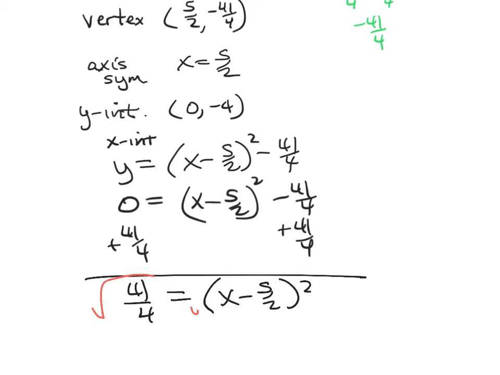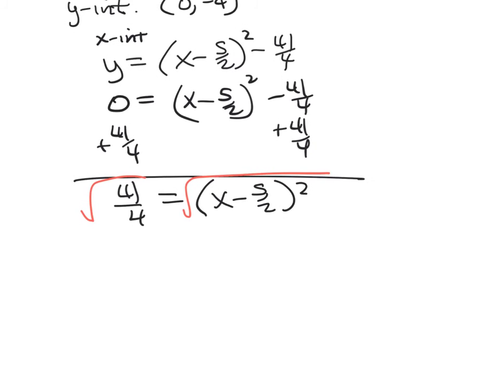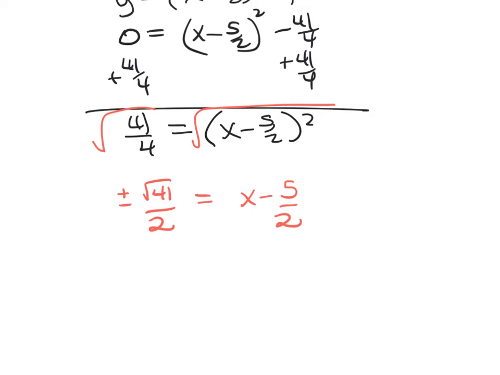Square root both sides. This becomes plus and minus. I could square root the 4. It becomes a 2. 41 is not a perfect square, and I can't break it down, so I leave it under the radical. And now I'll add the 5/2.